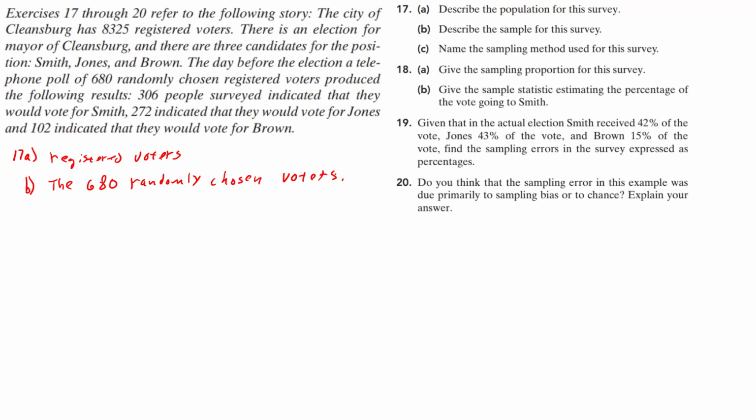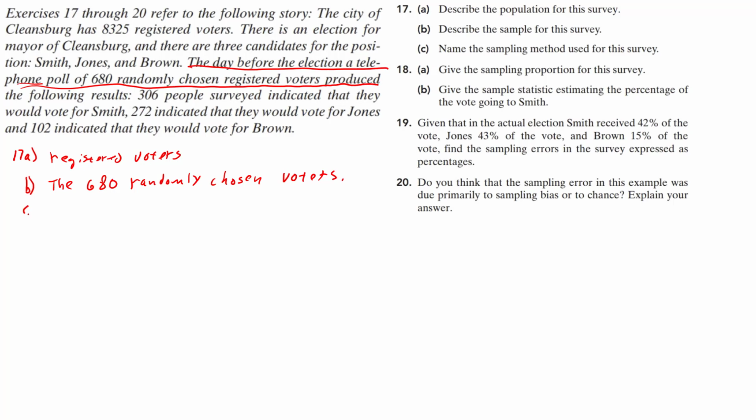So there is an election, the day before the election, a telephone poll of 680 randomly chosen registered voters produced the following results. So the day before the election, a telephone poll of 680 randomly chosen registered voters, right?